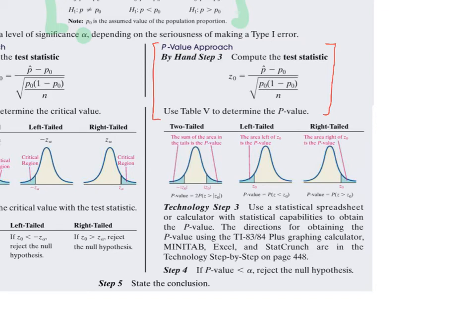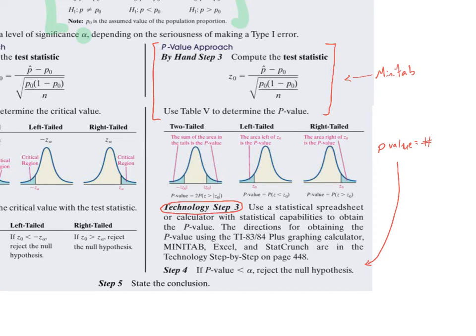So Minitab replaces that step, and when I go through the menu in Minitab, it's going to spit out a p-value equal to some number, and then we check down here, is my p-value larger or smaller than alpha? And if it's less than alpha, you reject the null hypothesis. Okay, so we don't need to do that by hand step 3. We're doing down here the technology step 3.